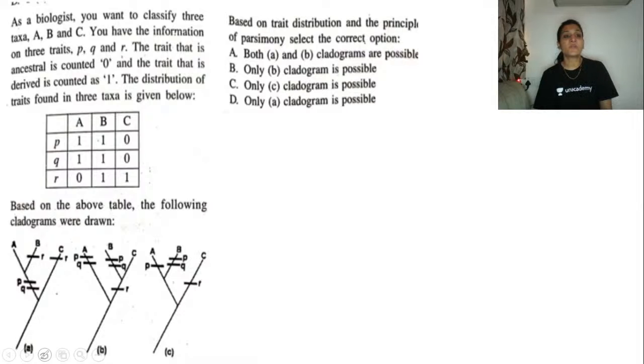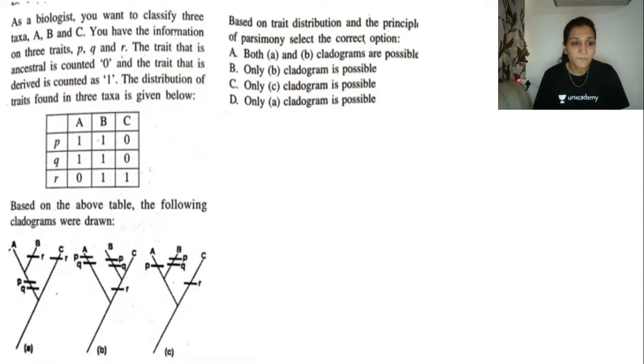Then next, as a biologist, you want to classify three taxa A, B, and C to have the information on traits P, Q, and R. The trait that is ancestral is counted 0, and the trait that is derived is counted as 1. The distribution of traits found in the three taxa is given below.